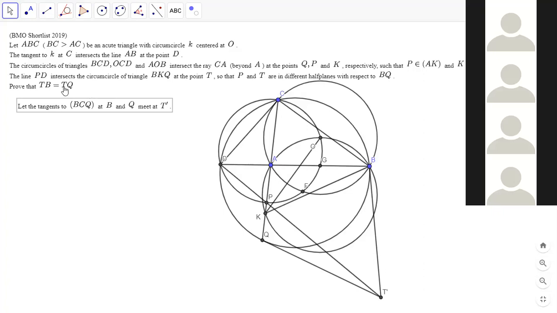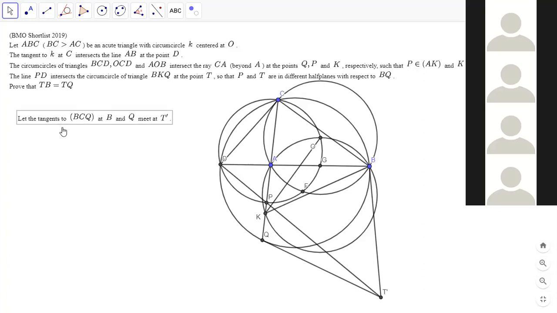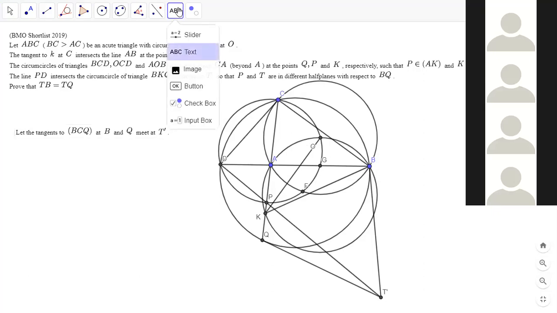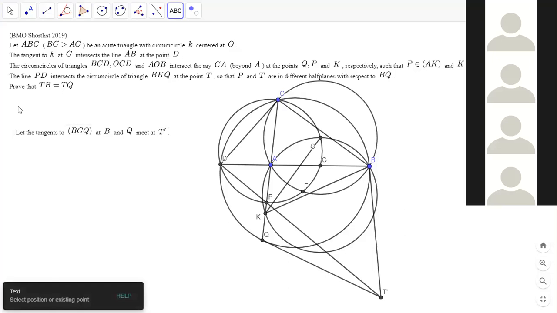We define G as the midpoint of AB, and then we prove G lies on the circle passing through D, C and O. So let G be the midpoint of AB.